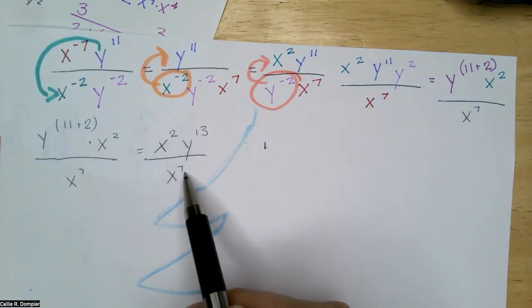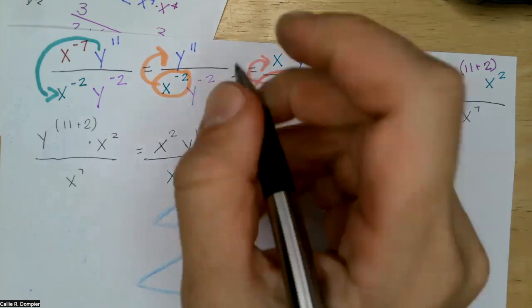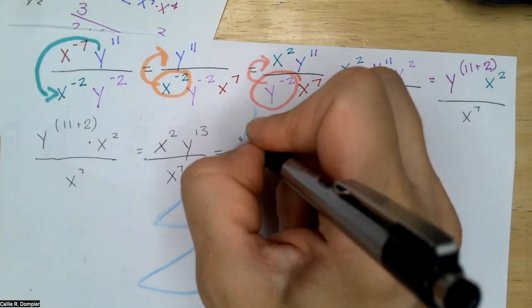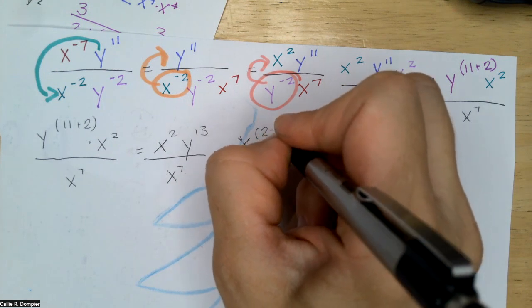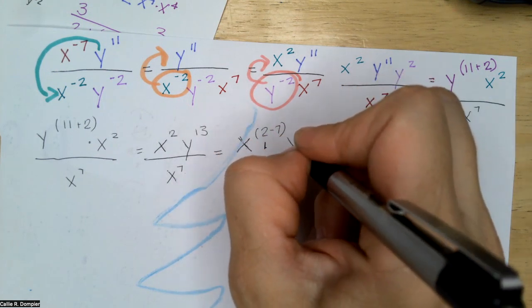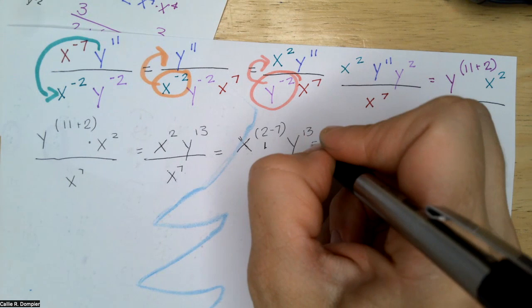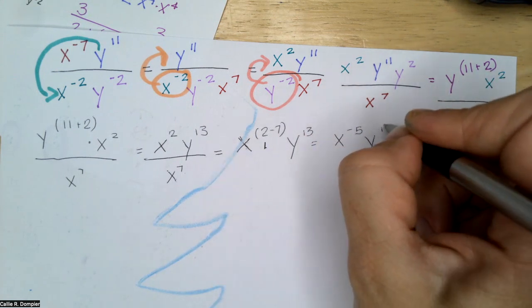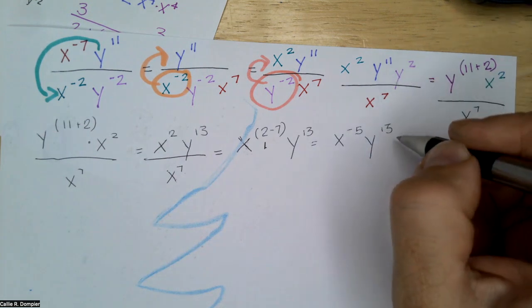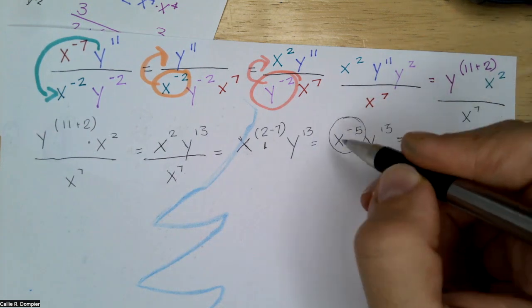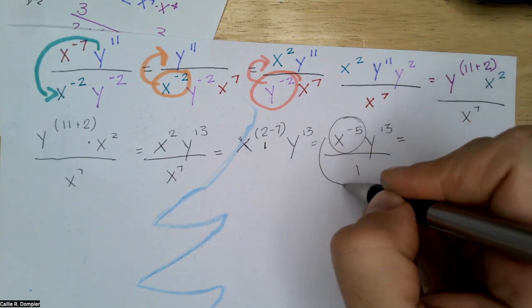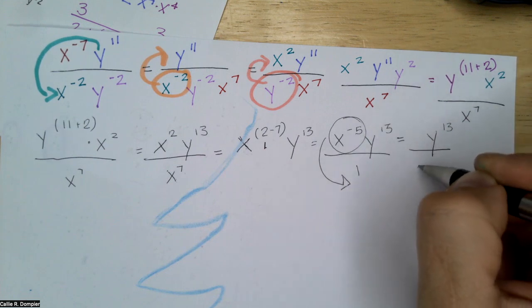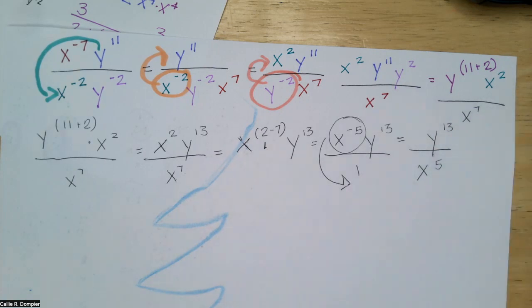Now I need to subtract x squared minus x to the 7th. X to the negative 5th, shouldn't have moved everything. Y to the 13th, but that's okay. That one's negative again, so move it. Y to the 13th over x to the 5th.